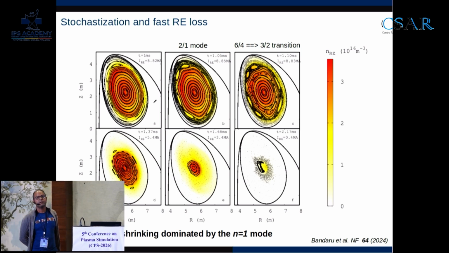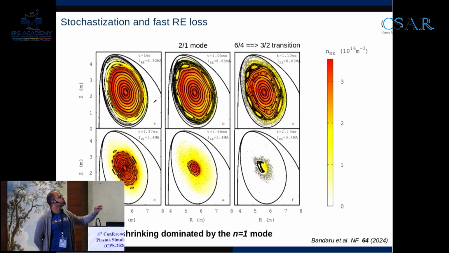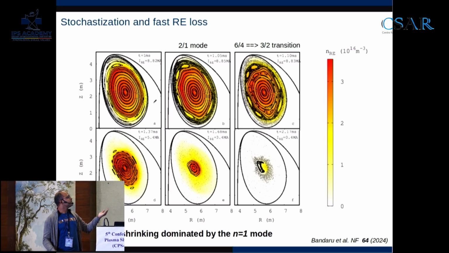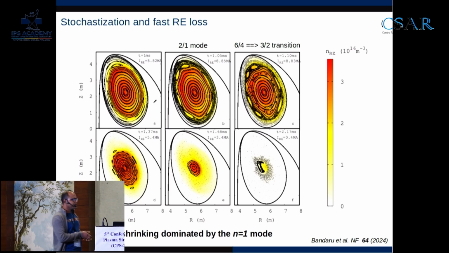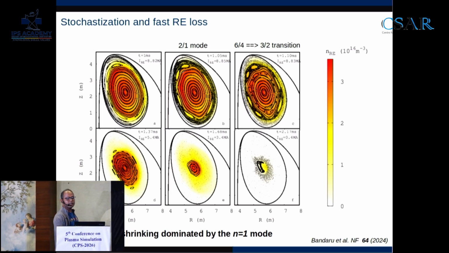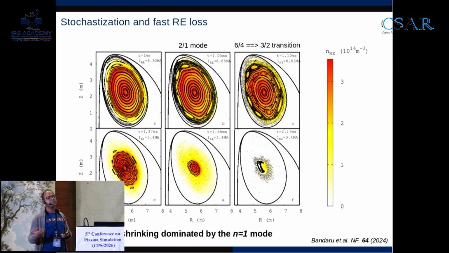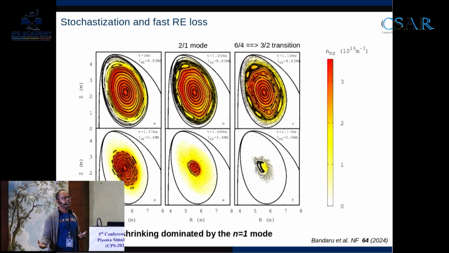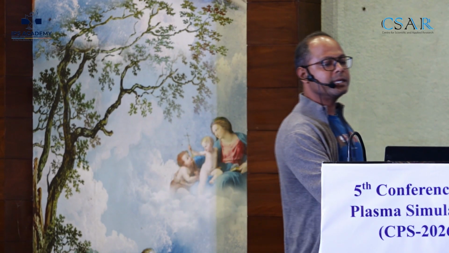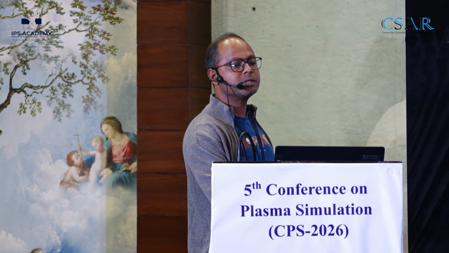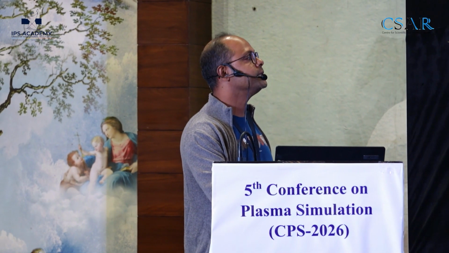One of the main reasons that we observed for the core to shrink is basically that runaway electrons get lost from the stochastic region. Since they travel at the speed of light, if the magnetic field becomes stochastic, then they get lost quickly. So there is a sharp gradient between the density of runaway electrons in the closed flux surfaces and in the stochastic region.